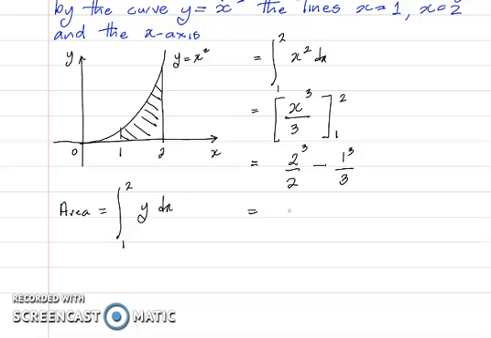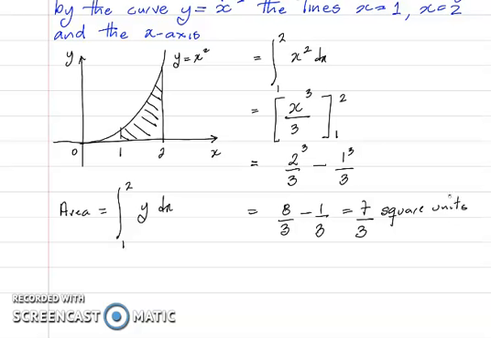So we made an error here, this should be 3. This is going to be 8 over 3 minus 1 over 3, which is equal to 7 over 3. And because you're finding area, this is square units.